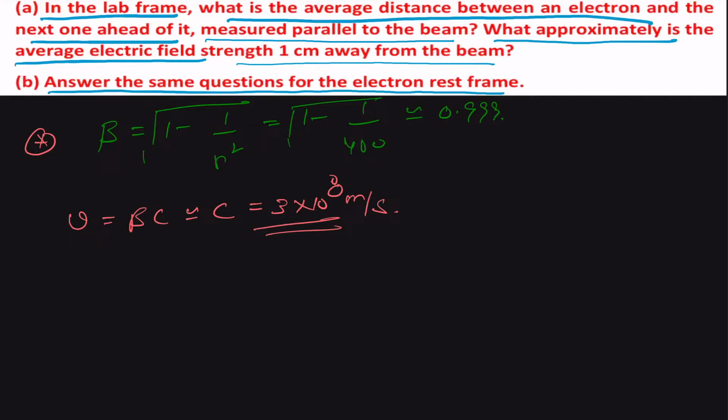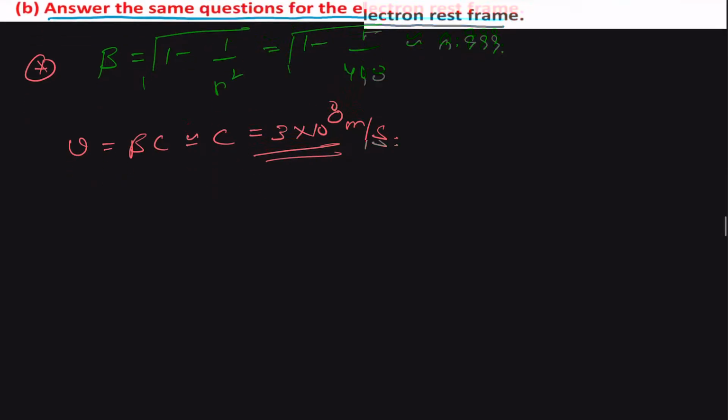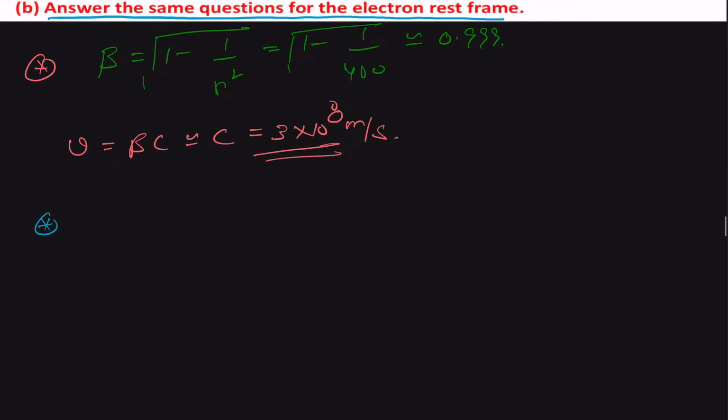And now we are going to discuss the question with respect to the lab frame, and then we come to the electron rest frame. In the lab frame, we are supposed to find the average distance between the electrons. The average spacing is d equals 1 upon the number of electrons per meter.